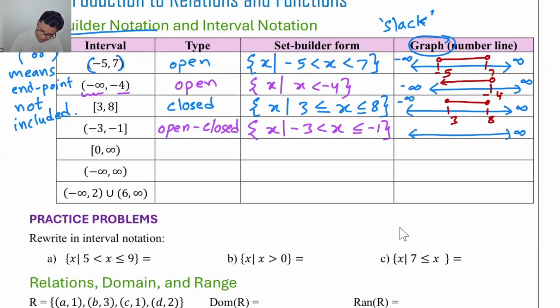And similarly, go ahead and draw the graph on the number line.